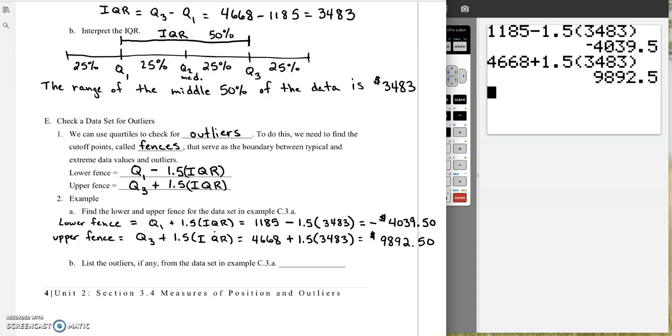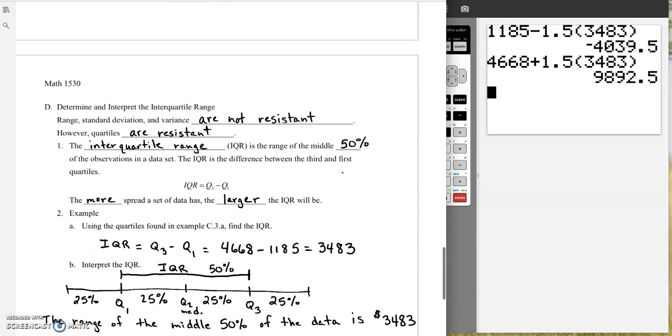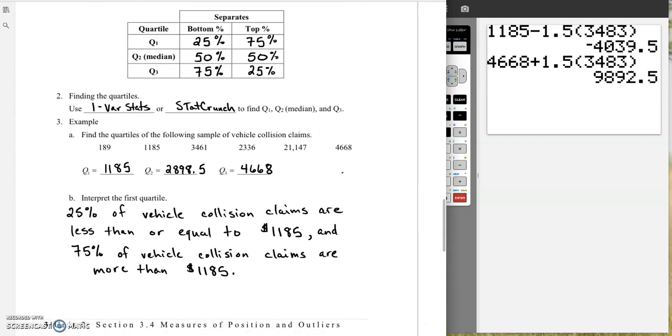So, if we have any outliers, then they either have to be less than negative $4,039.50 or greater than $9,892.50. So let's go back to our data. There's no negative number, so nothing is too small. But do we have something that's bigger than $9,000?